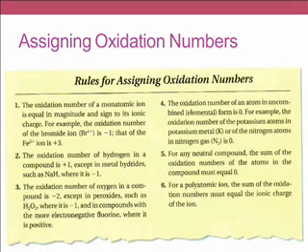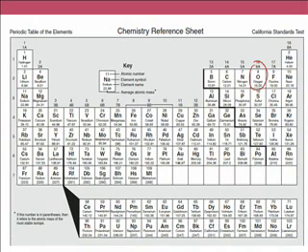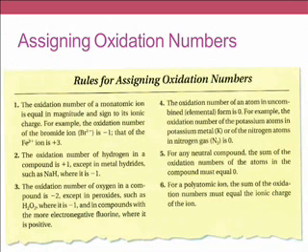Number 3: the oxidation number of oxygen in a compound is minus 2, except in peroxides. Let's take a look at this for a second. Oxygen here, we know the charge is 2 minus. The oxidation number will always be minus 2, except if it has a bond in a peroxide. For example, in H2O2 it has to be minus 1.